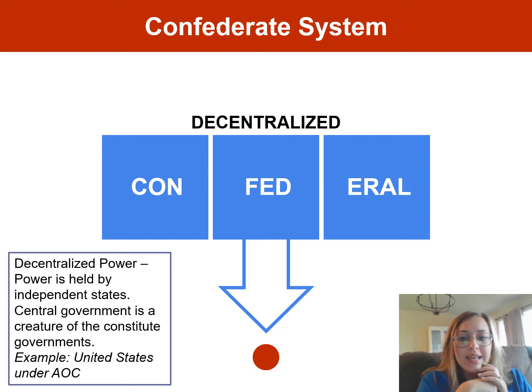The closest thing I can think of to a modern example would be on an international scale, like the United Nations or the European Union maybe, because the countries involved in those systems maintain their sovereignty, but give a little bit of power to the United Nations or the EU to discuss more overarching policy and to act in unison. But there's really not many modern examples of this.